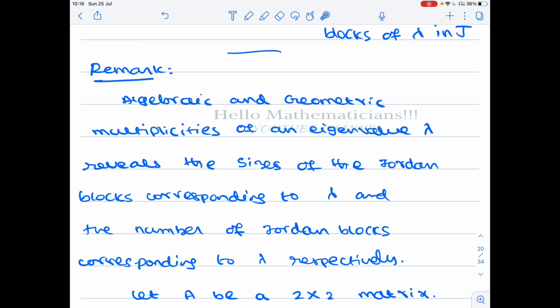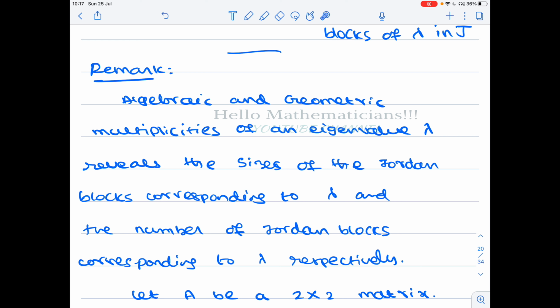If it is a 2 by 2 or 3 by 3 matrix, then you can guess the Jordan canonical form by knowing only the algebraic and geometric multiplicities. If it is a 4 by 4 matrix, then you cannot.